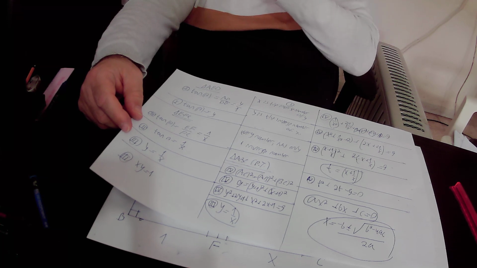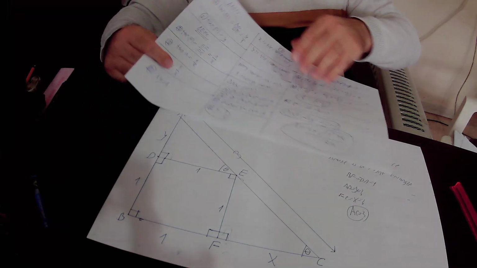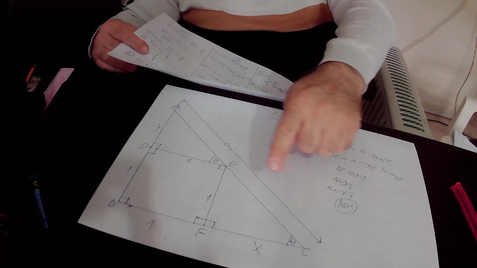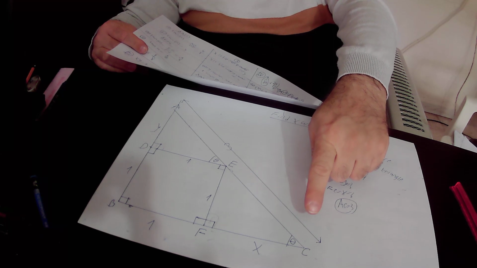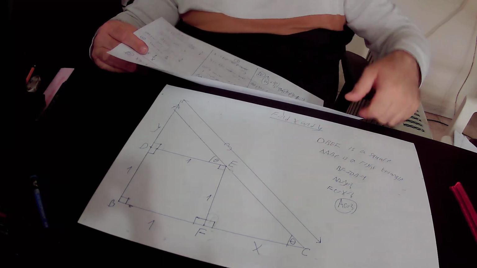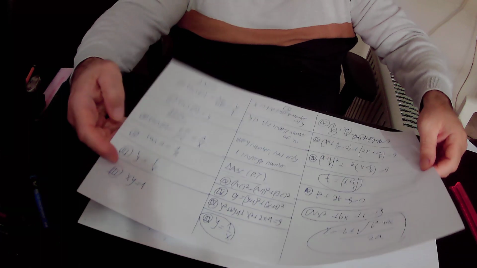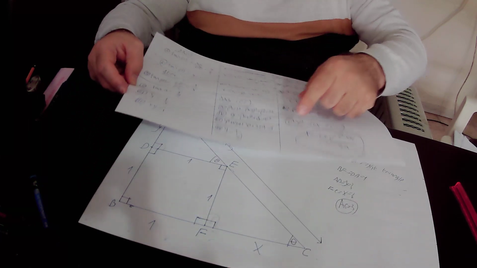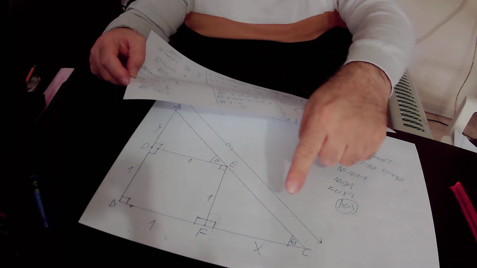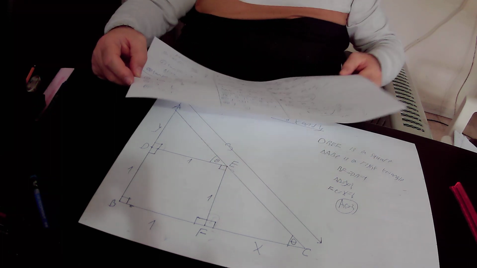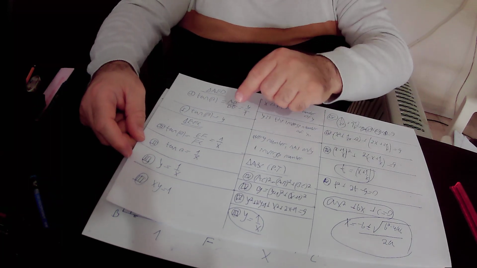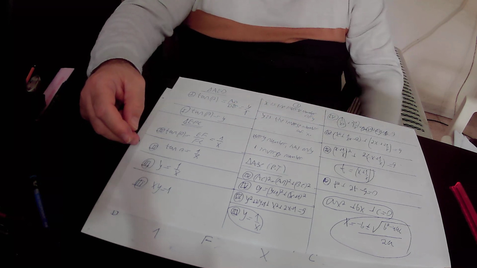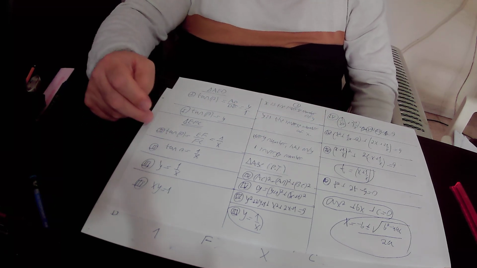Then we focus on the right triangle EFC. In this right triangle, tangent theta equals EF over FC, but EF equals 1 and FC equals x. In conclusion, tangent theta according to equation number 2 equals 1 over x.